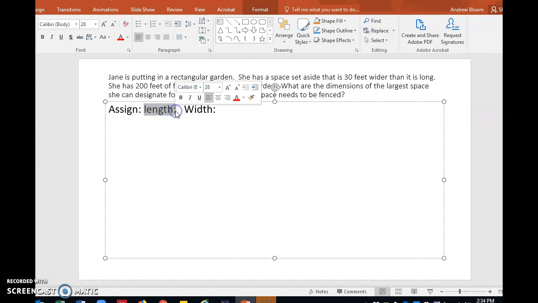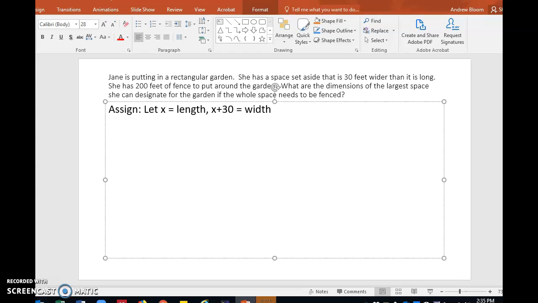I don't like using the letter L for length, only because L looks like 1 when you're writing it. So let's let x be our length, and then we need to have a way of defining the width. It's 30 feet wider, so that's 30 feet more than its length.